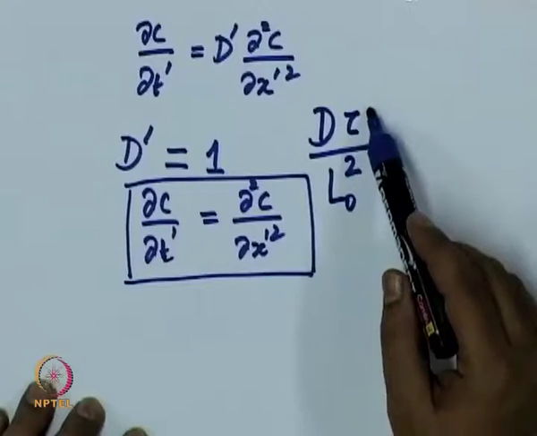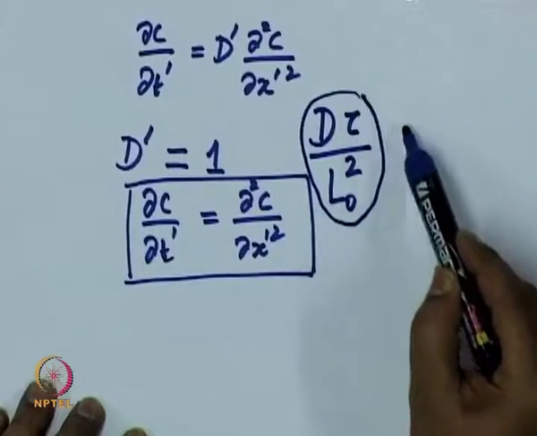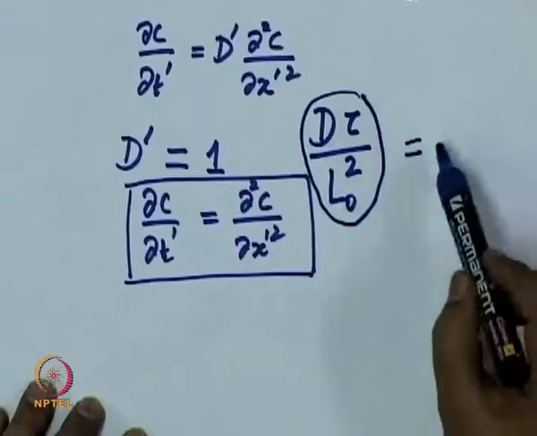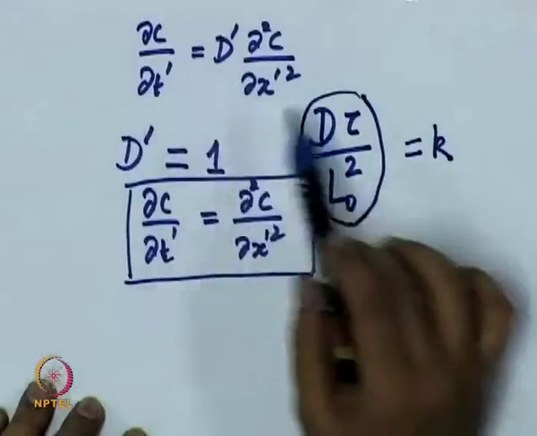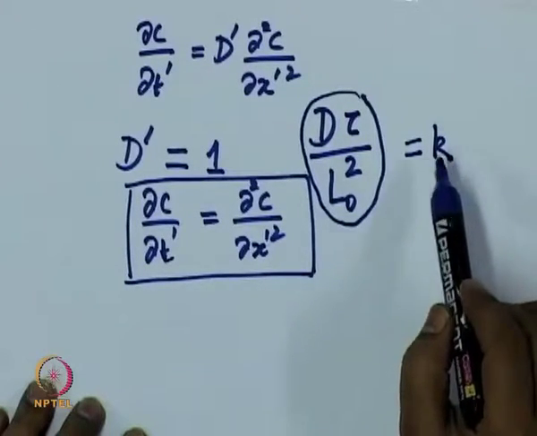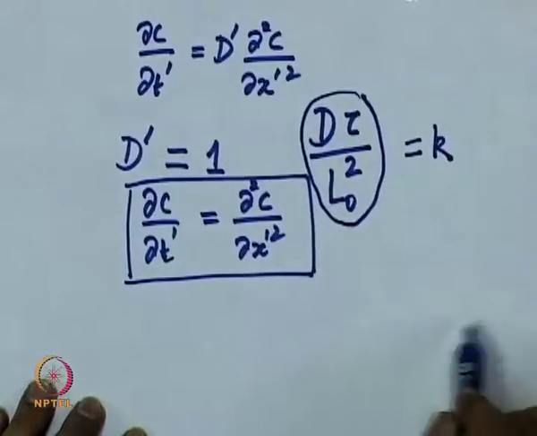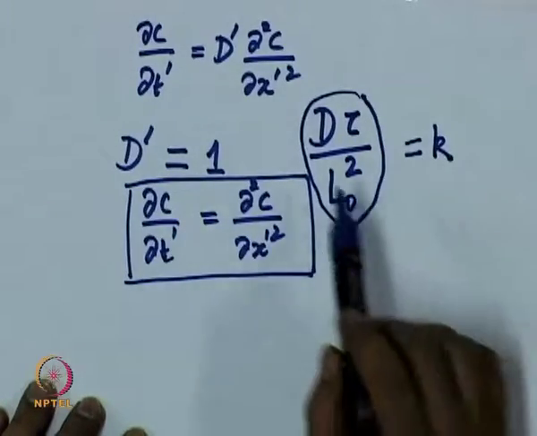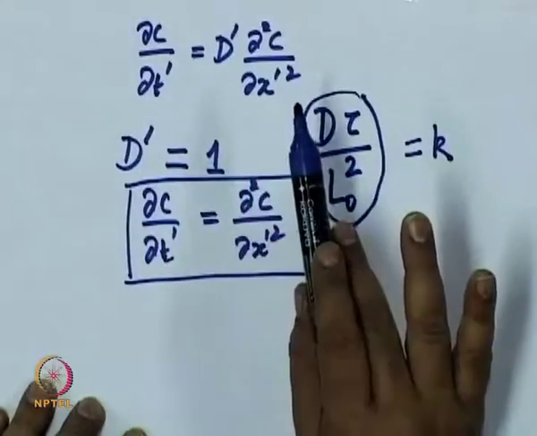It does not matter, as long as this D tau by L naught squared becomes some number equal to some k, the solution of the diffusion equation is going to remain the same, right. Which unit you are using does not matter, you can always scale in that unit and you can plot your solutions. Mathematically speaking, there is one non-dimensional equation which you have to solve.